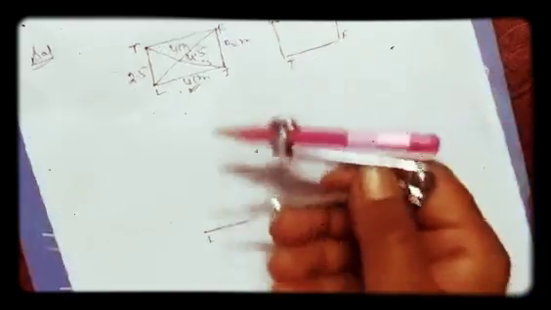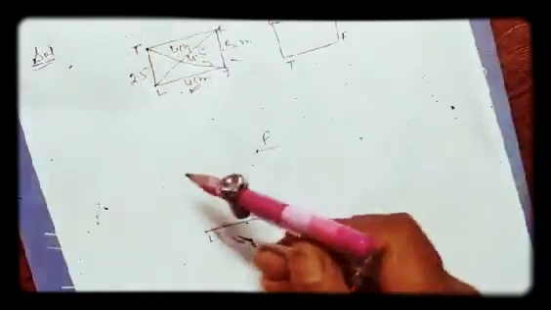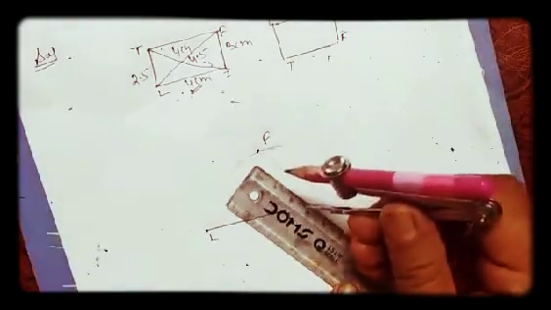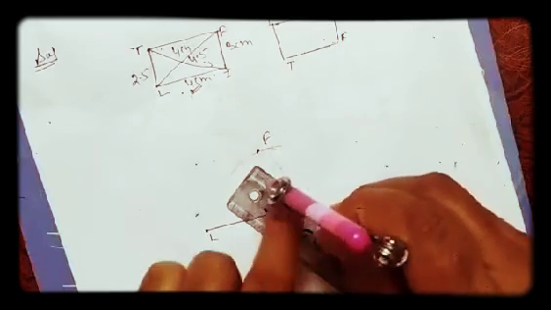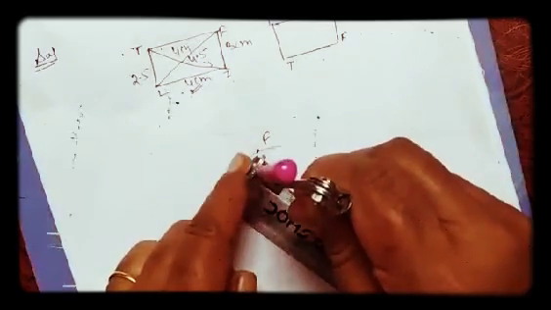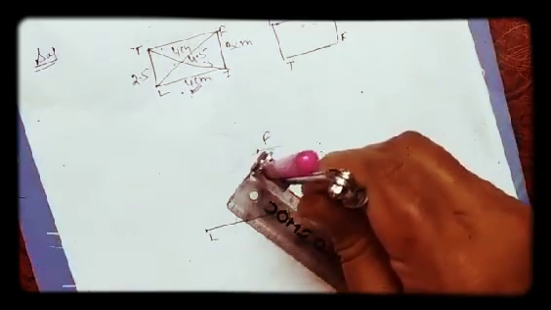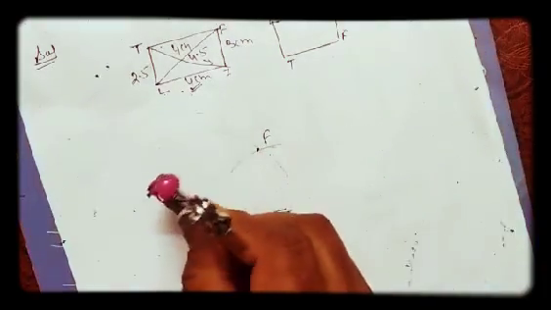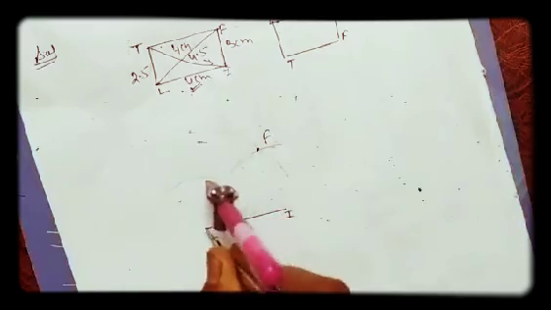Now from F, we don't know the distance between TF. TF is not given. अब हमें क्या find out करना है? This T. तो from L the distance is 2.5. We mark 2.5 from the scale using this compass.